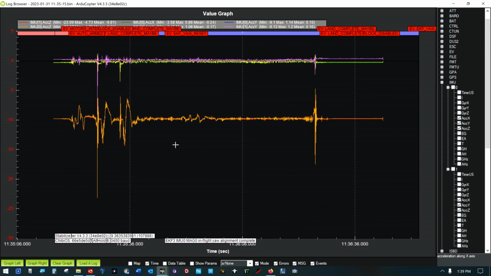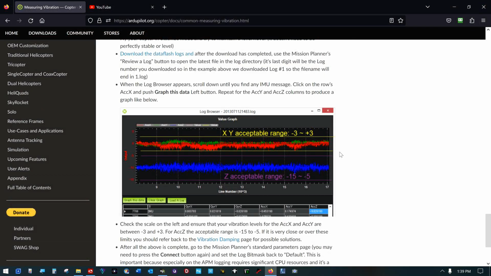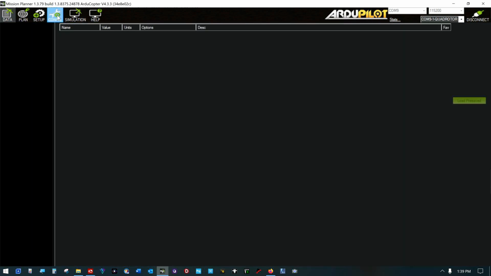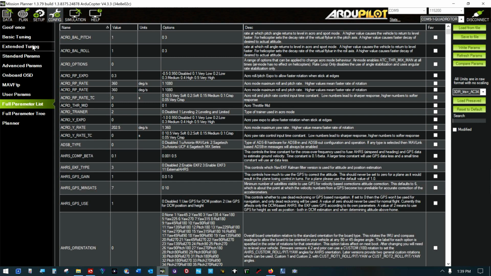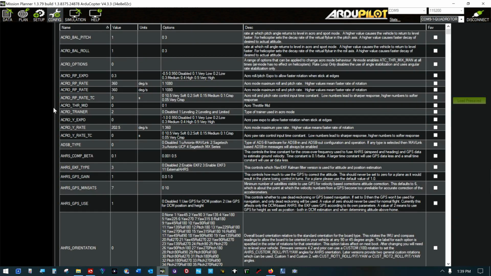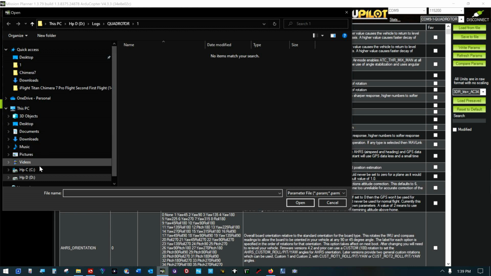Very good. So now with that, I can come in here. Actually, I can close the log browser. Go back to my parameters, make sure what I'm playing with here, because one last thing I'd like to show.